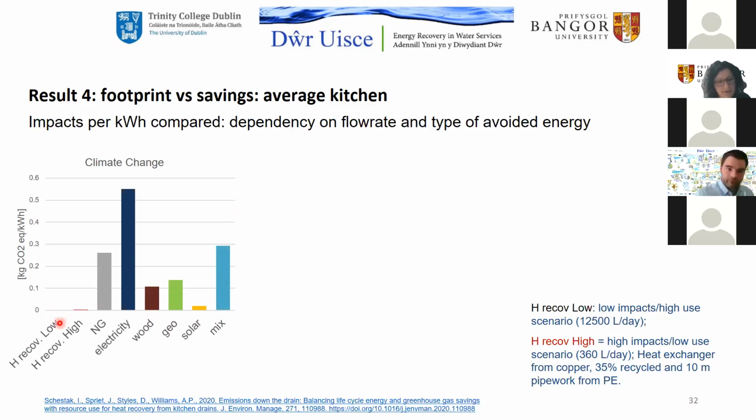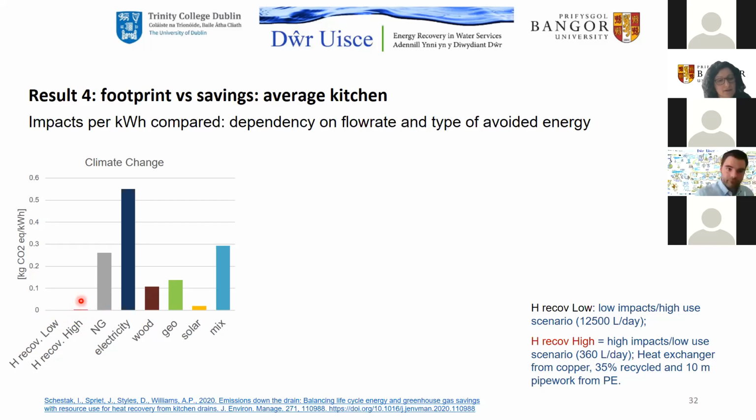Then here on the left-hand side, the 2 bars, which are almost not visible, are the impacts we would have through recovering the same amount of heat. And we can see it's very, very low. We have 2 different cases here. The left-hand case is low impact from heat recovery, which basically represents a kitchen with very high flow rates, where I can recover a lot of heat. So my impacts per kilowatt hour are smaller.